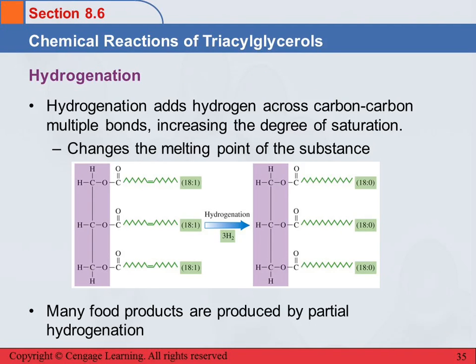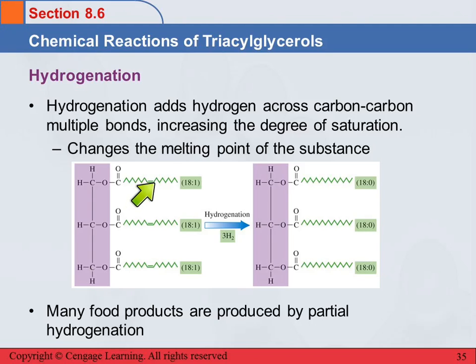Another reaction that these can undergo is hydrogenation. This is also one that we talked about in our organic chemistry section. Hydrogenation, to refresh your memory, adds hydrogen across carbon-carbon multiple bonds. We're not going to see triple bonds here, we're going to see double bonds. Here is an unsaturated fatty acid with a double bond.